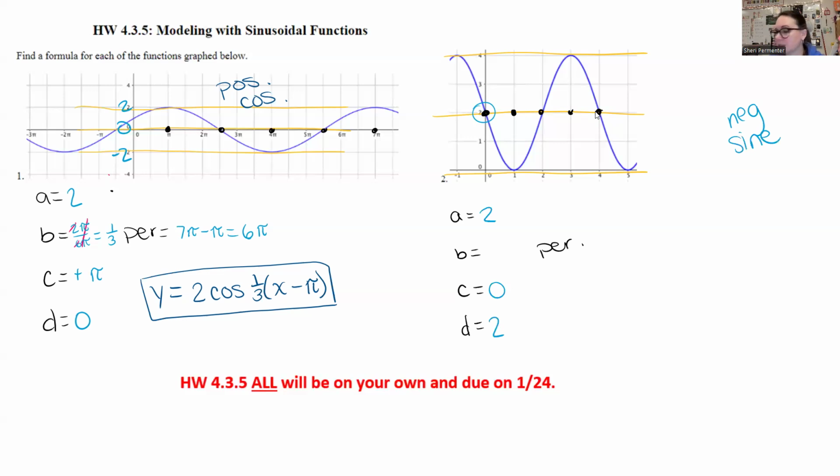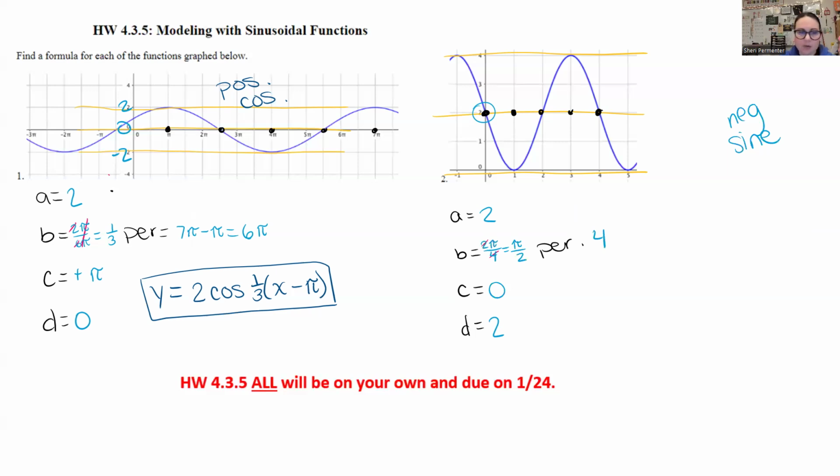So my period is 4. To figure out my B, I do 2 pi divided by 4, and that reduces. I get that my period constant is pi over 2.